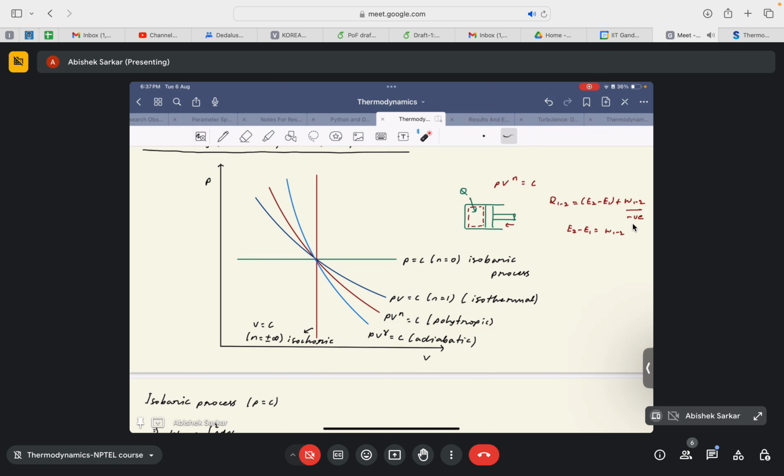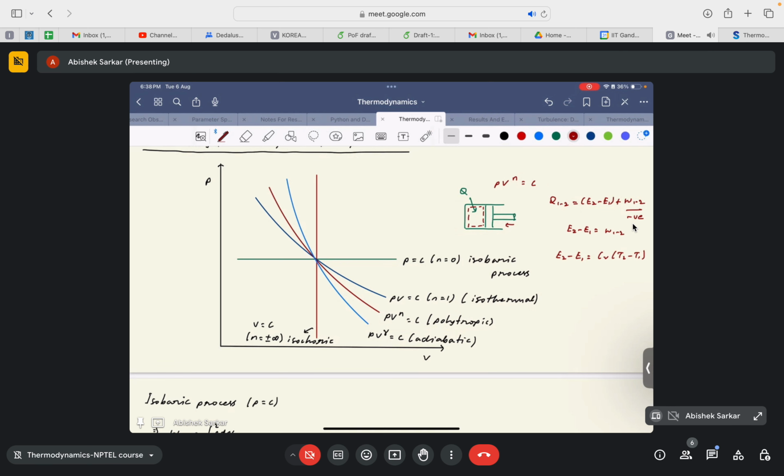You will again see that the isothermal process is also a special case of the polytropic process. Why? If the process is isothermal, then for an ideal gas, as we will see when we go into the course, the energy interaction can be written as Cv times (T2 minus T1), for an ideal gas only, not for any kind of gas.